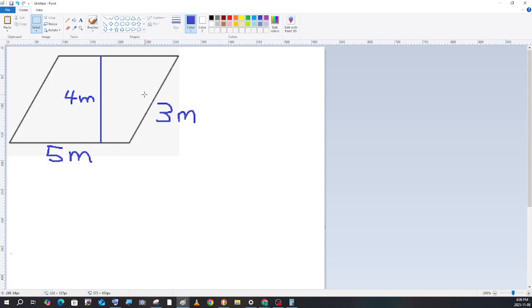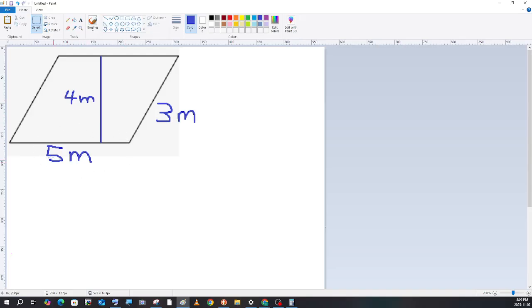All right, so up here I have a lovely parallelogram. Okay, and a parallelogram is similar to a rectangle in the sense that you have two long sides and two short sides. Okay, and each pair of sides is the same length.